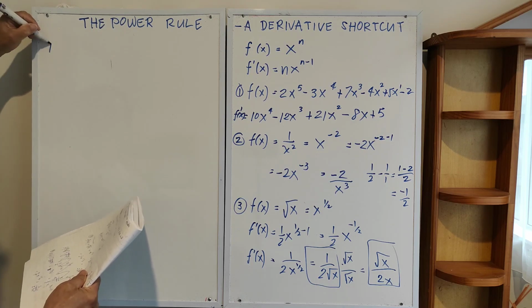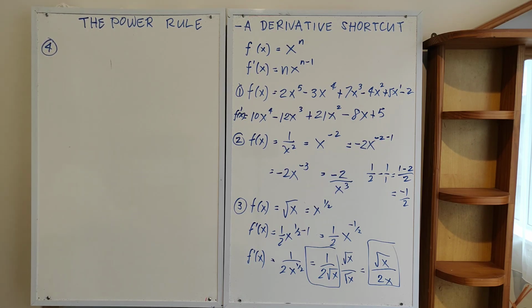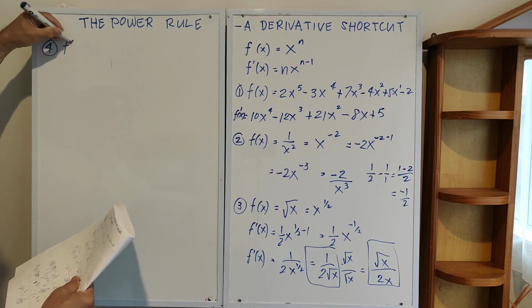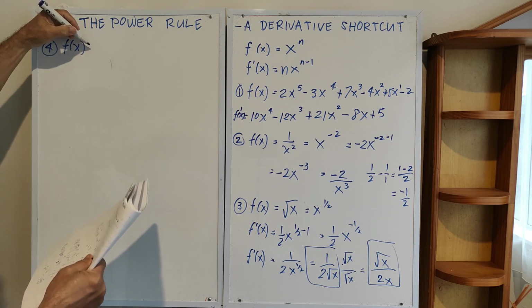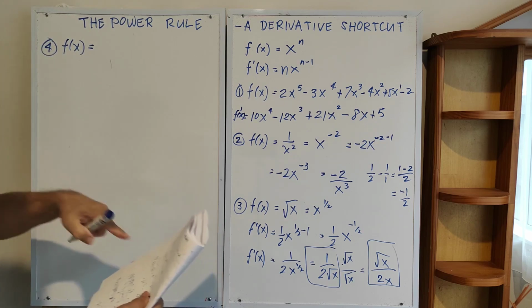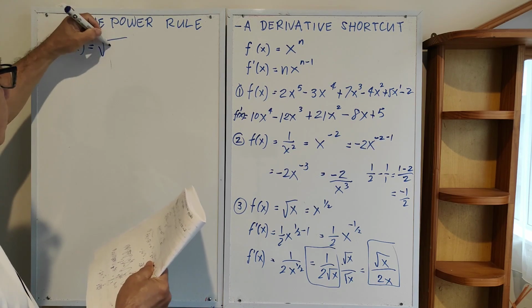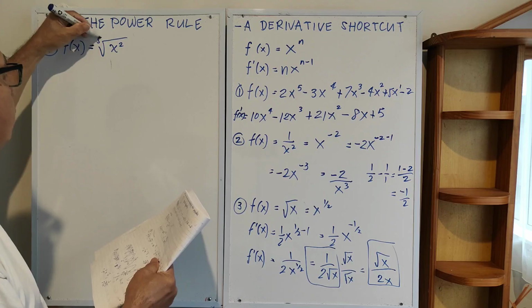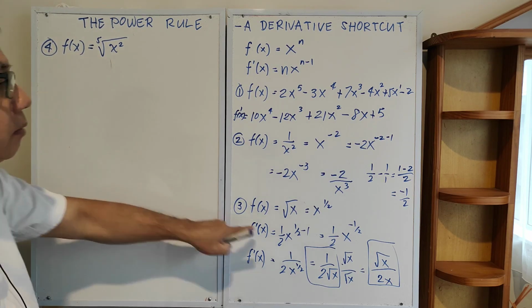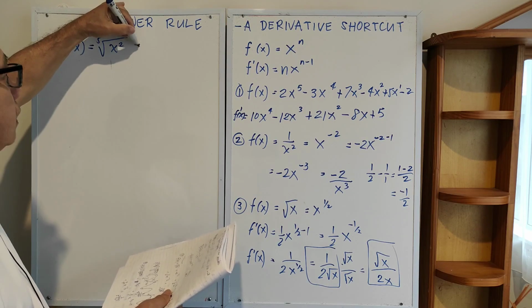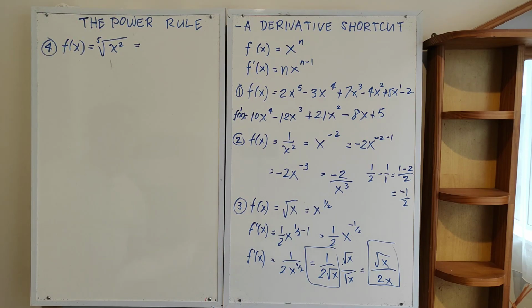Example 4. What if your function is a radical but with a power? So for example, the 5th root of x squared. Similar to this one, we will convert this into a fractional exponent.